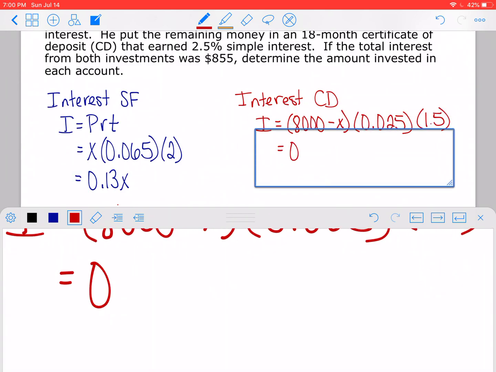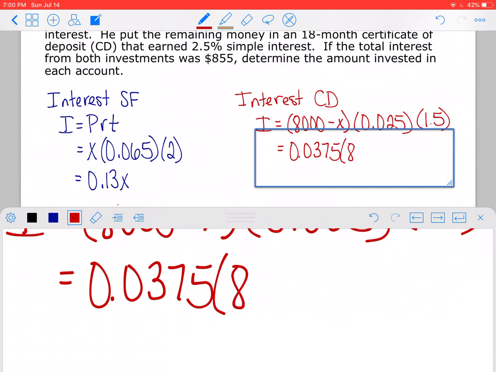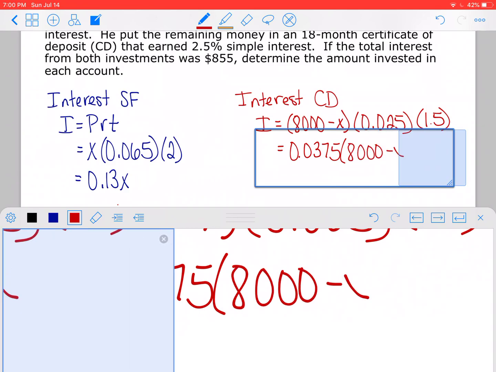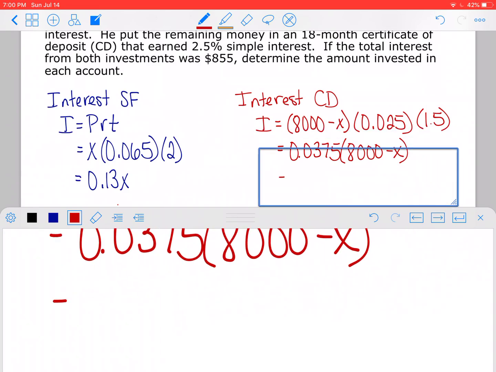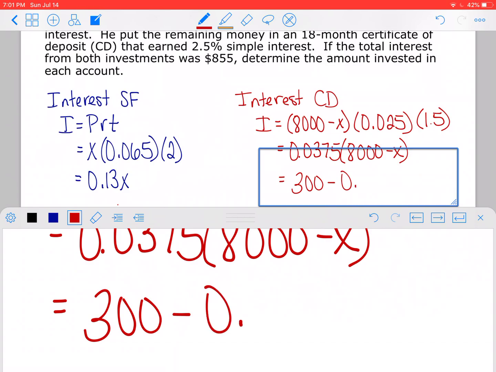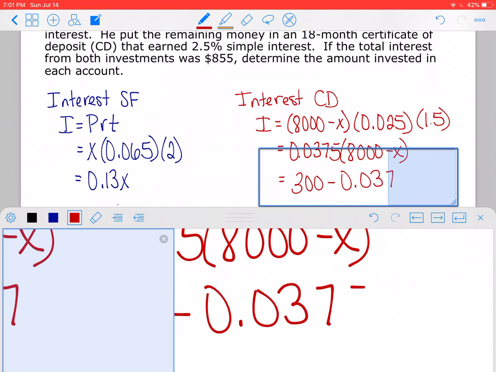Reducing this gives us 0.0375 times 8,000 minus X, and distribute so that we have 300 minus 0.0375x.